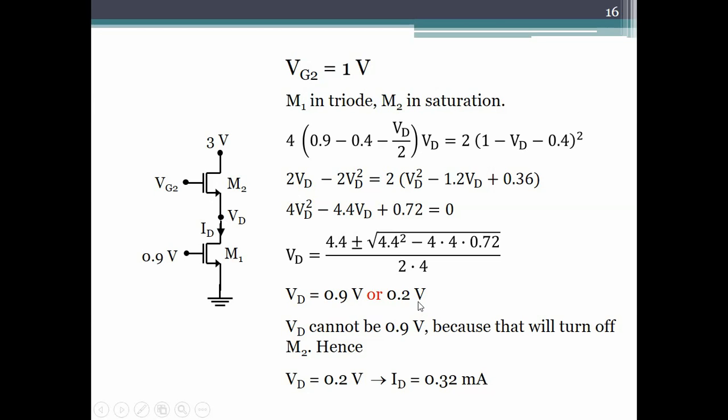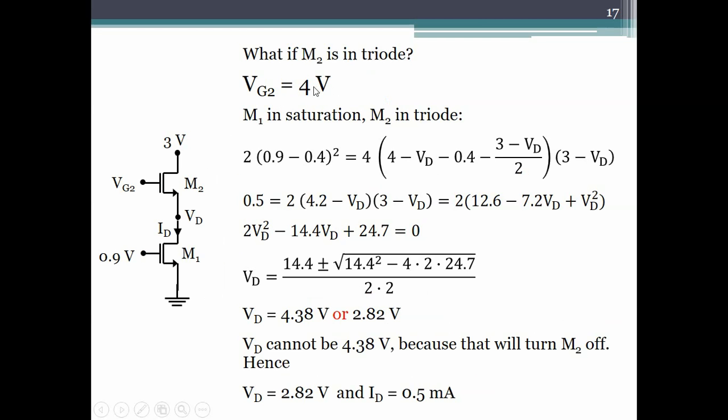So the correct answer is VD is 0.2 volts. And the corresponding ID, which we can find from any of these two equations, is 0.32 milliamps. So ID has reduced. It was 0.5 in saturation. Now of course it has to be smaller because the gate source voltage is the same. The transistor went from saturation to triode, so current has to reduce.